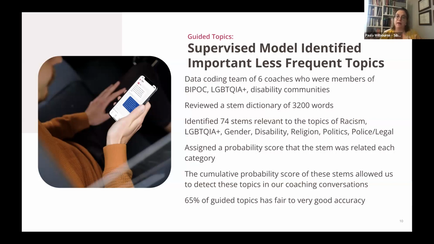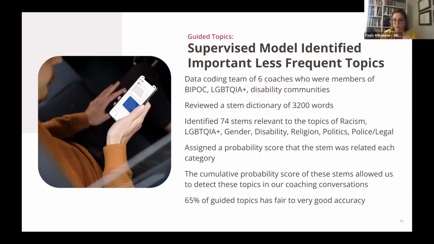So we had a data coding team of 6 members from our coaching team who were members of BIPOC, LGBTQIA, and disability communities. We asked them to review a stem dictionary of 3,200 words, and they identified 74 stems that were relevant to the topics of racism, LGBTQIA, gender, disability, religions, politics, and policing and legal concerns.